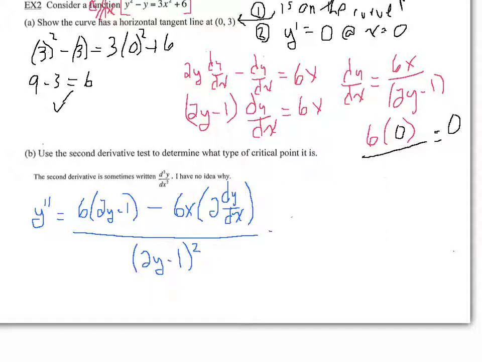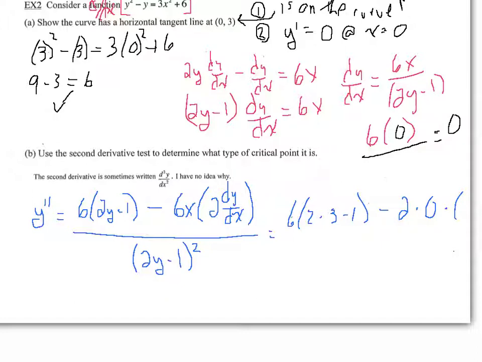So we're going to get 6 times 2 times 3 minus 1, minus 2 times x, which is 0, times dy/dx, and at this point I don't really care what dy/dx is. Turns out dy/dx is also 0.